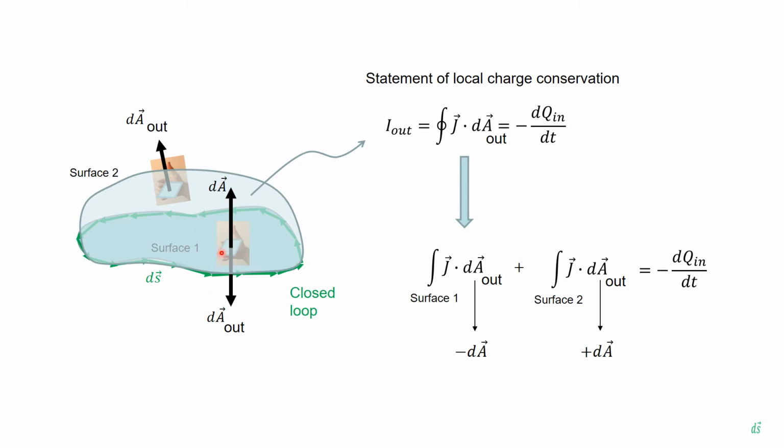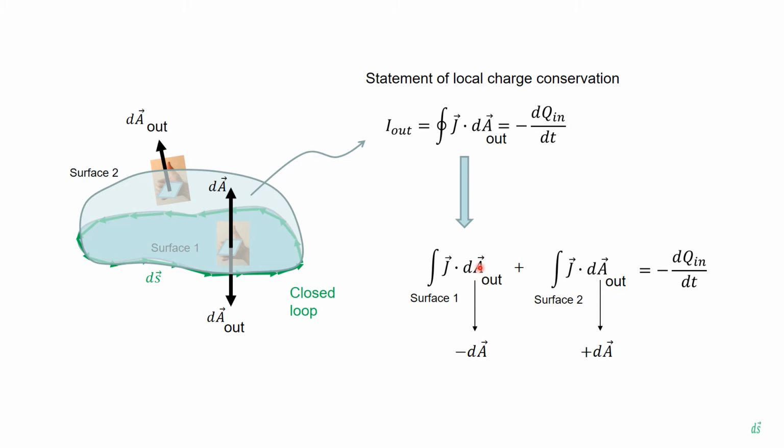For surface number one, remember, we want the relationship between the ds vectors and the dA vectors to be very particular, obtained by the right-hand rule. And so the dA vector that we want to talk about when we compare the two integrals is this one, not this one. It's very simple to get the relationship between these two area vectors. dA out points down and dA points up. They're just equal and opposite.